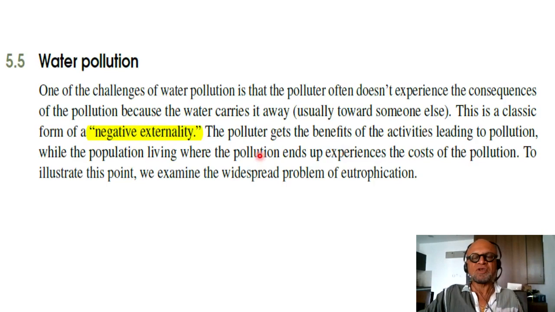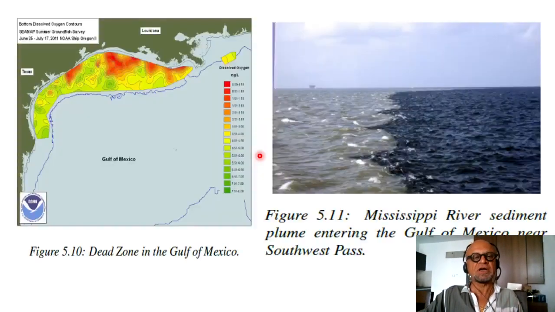To illustrate this point, we examine the widespread problem of eutrophication, which I have podcasts on elsewhere. Eutrophication is when the nutrients, let's say from all the agricultural, urbanization, and deforestation activities on the Mississippi River watershed, wash down into the Gulf of Mexico.